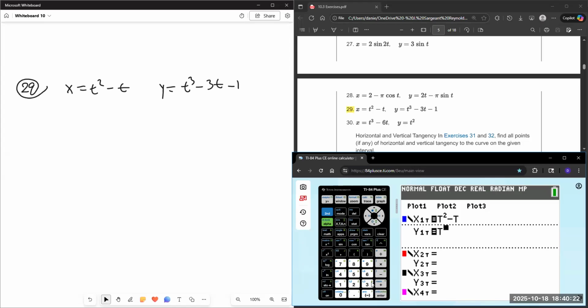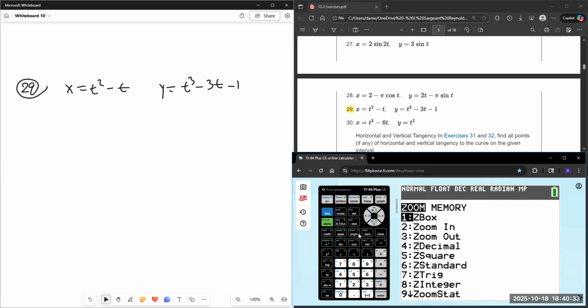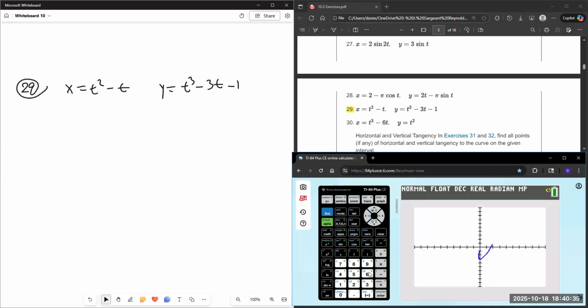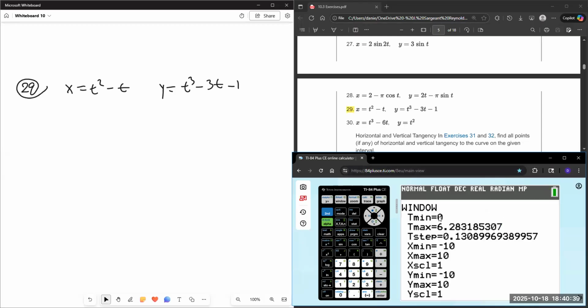T to the third minus 3t minus 1. And typically, if you zoom in parametric mode, you're only going to see time starting at 0, and it's going to go out to 2 pi because it's used to t-values possibly being angles.